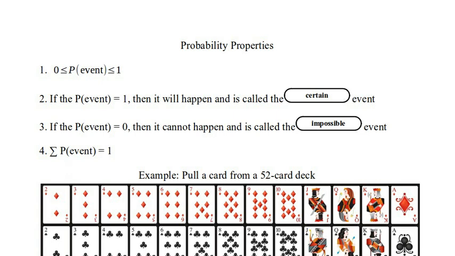Now, number 4 is stated fairly poorly. So I want you to look at number 4 simply from the point of view of an intuitive understanding. This says sigma, that's a capital sigma, that means to add up all of the probabilities of all the events, and it says that that's guaranteed to be 1. Now we have to be a little bit careful about that, because what is all the events? We're talking about all the events that form the sample space.